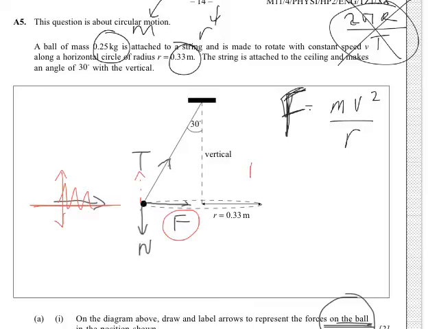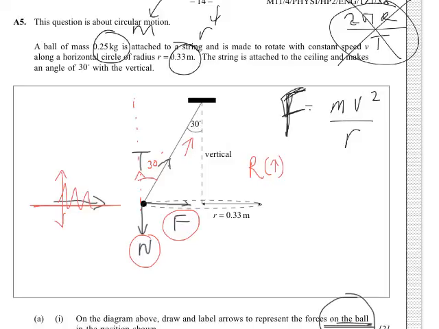So if we resolve vertically, if you remember from last year, you can see that T, or the component of T in the vertical direction, is going to be equal to the weight. Now the component of T, if we have a look at this arrangement, you've got 30 degrees there, so you must have 30 degrees here.